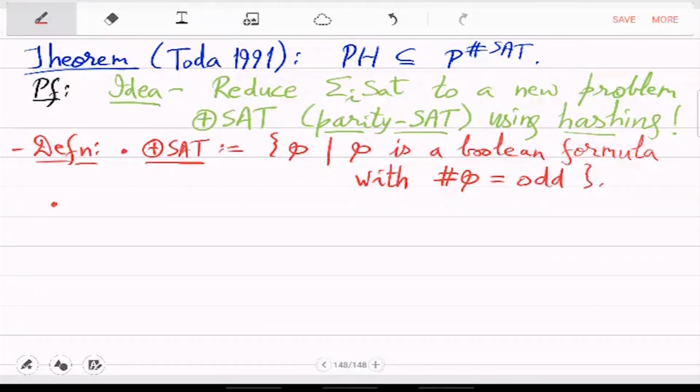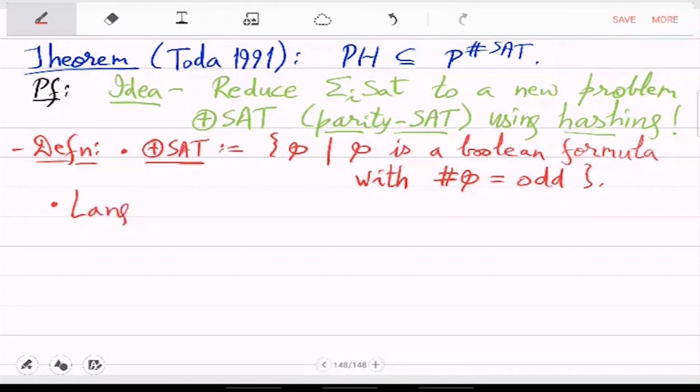Okay, it is not 0 or non-zero, but odd versus even. So, odd ones are the number of phi odd, yes instance, number of phi even, no instance. That is the problem, that is the language.